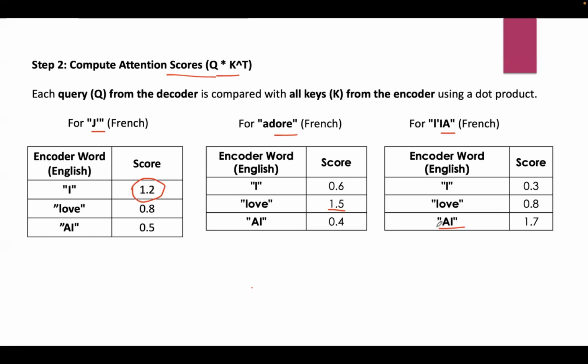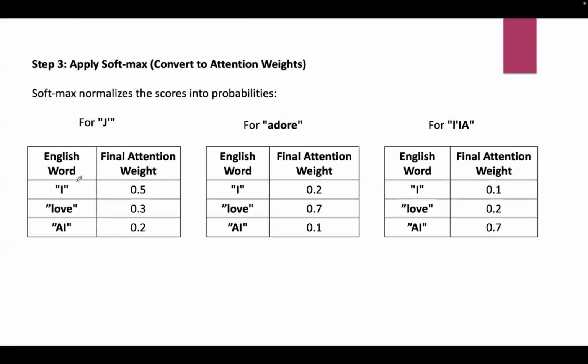This dot product similarity between Q, that is the query of the word in the decoder, and the keys from the encoder determines attention scores. The highest score means the decoder word is most strongly associated with the encoder word. Then step 3 is apply softmax, where we need to convert all these scores into attention weights.